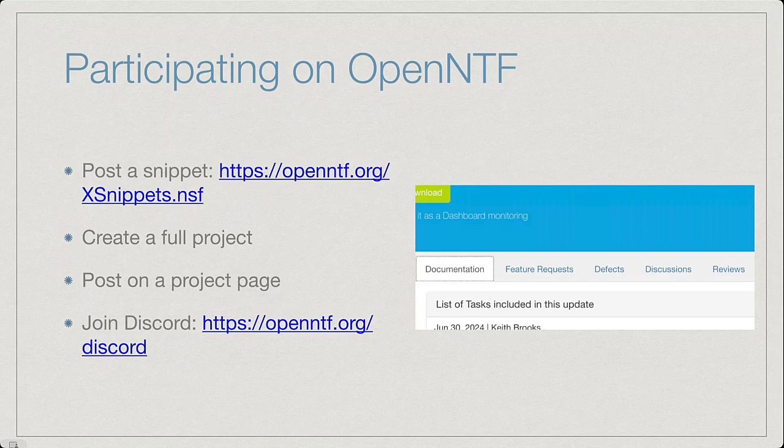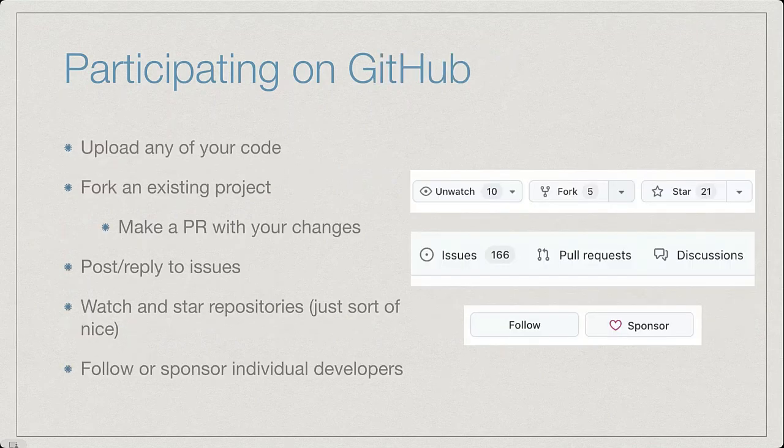And I want to talk a little about participating on GitHub. More and more, for better and for worse, GitHub is kind of just the path of least resistance, and for good reason. It's a good site. Getting a little worse recently, but it's a good site. And it's a great place to upload any of your code, because you can just have your own name or your own organization and put your code up there.